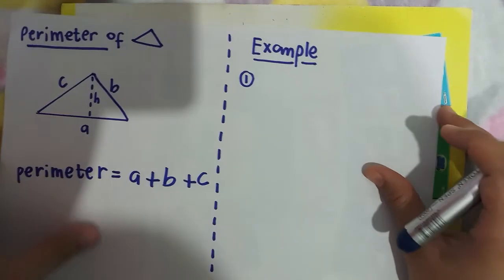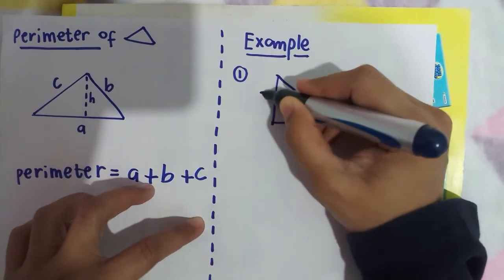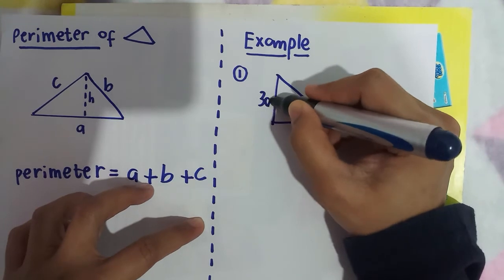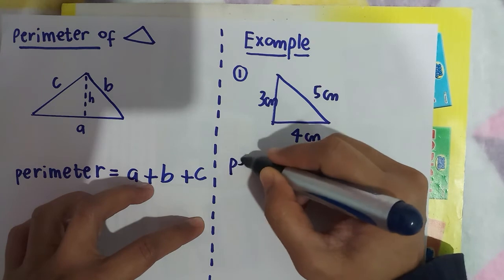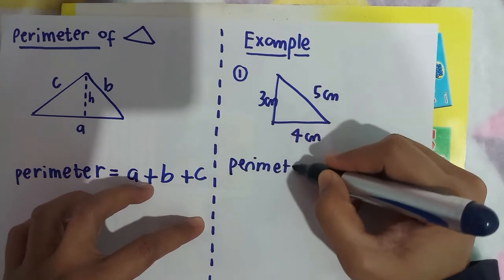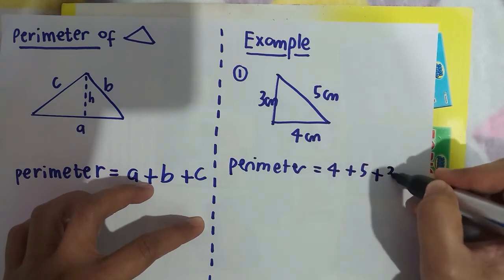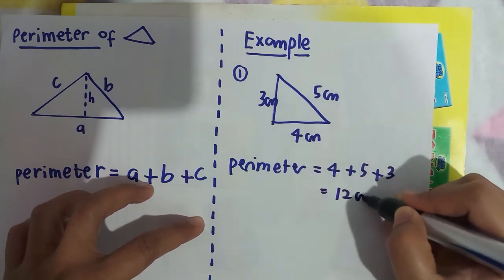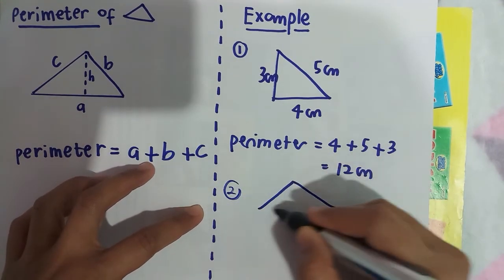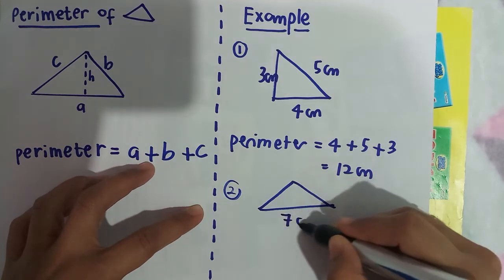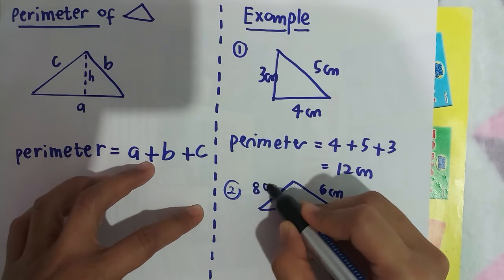For example, if I have this triangle, given that this is 3 cm, this is 4 cm, and this is 5 cm, what is the perimeter? Remember, you just add all sides: 4 plus 5 plus 3. So you will get 12 cm. If we change the shape a bit, maybe this is 7 cm, this is 6 cm, and here I put 8 cm.